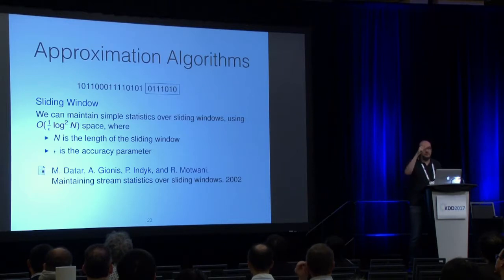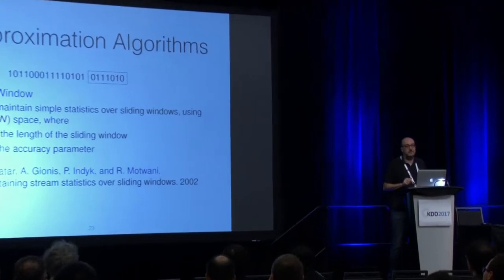To compute the average, we only need the sum of the numbers and the number of events, so 2 counters are enough. For the variance, it's similar. The problem is what happens with a sliding window. Every time we add a new number, we need to remove the oldest one, so we cannot do it using only 1 or 2 counters.